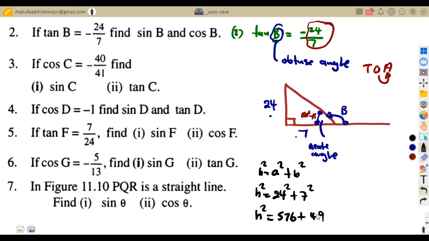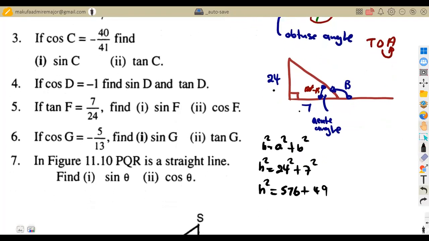Then we add these two together, and you're going to have 625. So H squared is equal to 625. We take the square root of both sides, so H is going to give us 25. So this side here is 25.